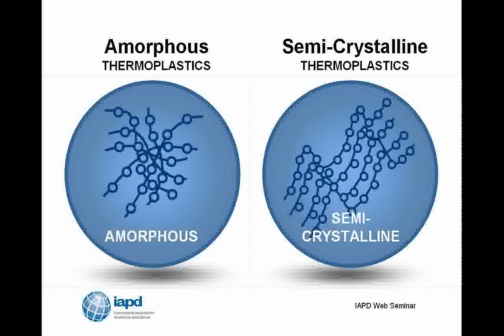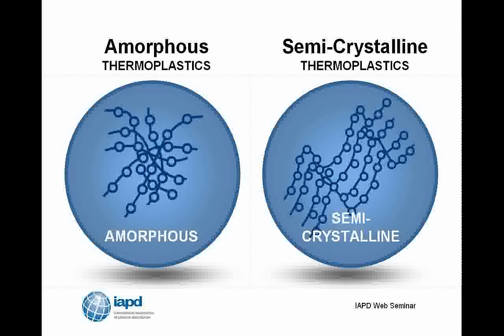Now, for the chemists in the group, I'll qualify that by saying it's a little bit of an oversimplification. There's actually a range of crystallinity that you can achieve in plastics by controlling things like additives, chemistry, and cooling rates. But that being said, it's very helpful to think of plastic materials as either amorphous or semi-crystalline thermoplastics.